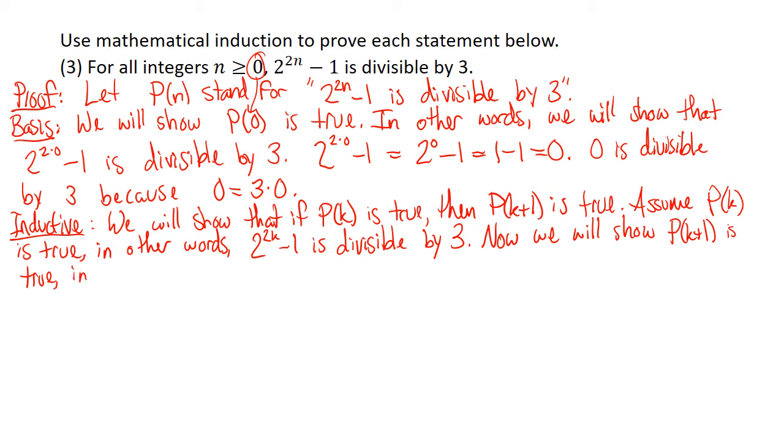In other words, that 2 to the 2 times (k plus 1) minus 1 is divisible by 3. Careful that you use parentheses here. Okay, so that's what we have to show. Really the only thing we have that we can use is that 2 to the 2k minus 1 is divisible by 3.